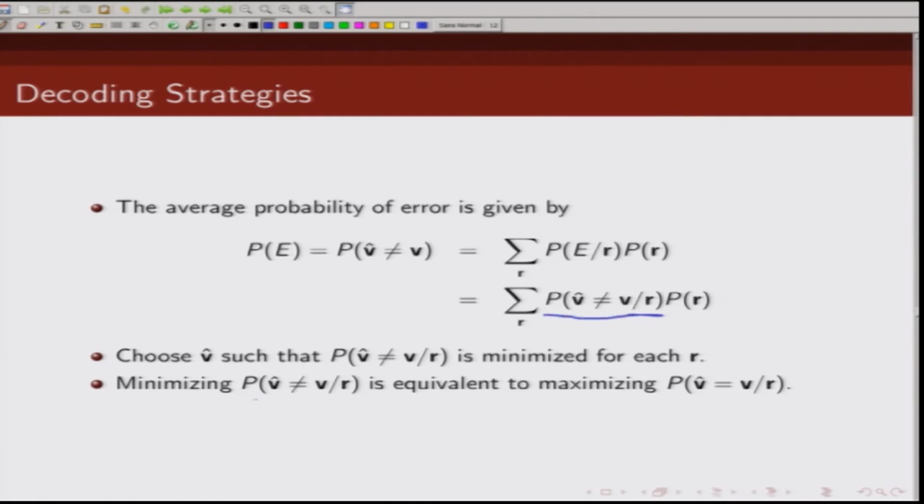is the same as maximizing this term, correct. Minimizing the probability that V hat is not the same as V given R is equivalent to maximizing the probability that V hat is equal to V given R. Okay.